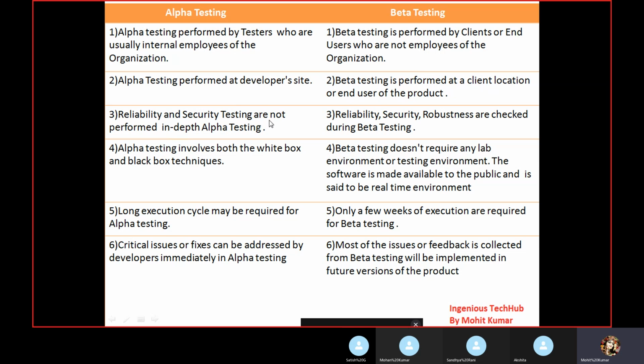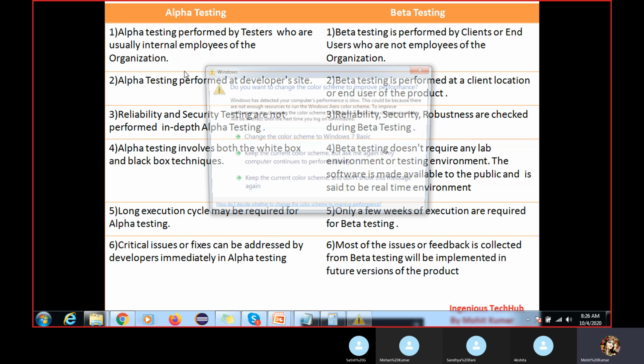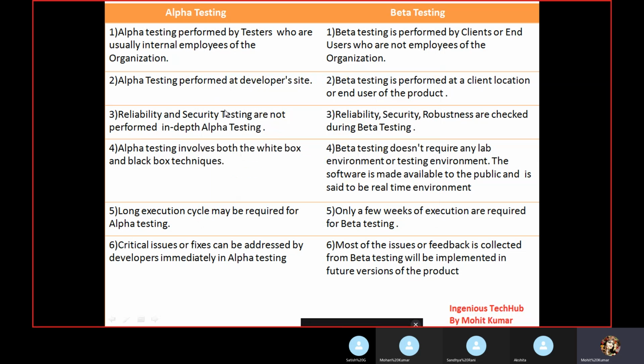Reliability and security testing are not performed in depth in alpha testing. Here we will not test performance or security and all, but in beta testing they will check how the application is working, what the security stack of this application is, everything they will test, because here we have already tested, but we should not test all this stuff again.